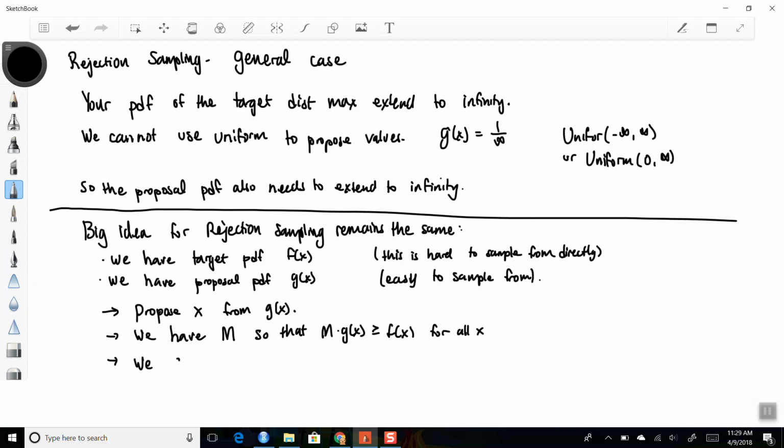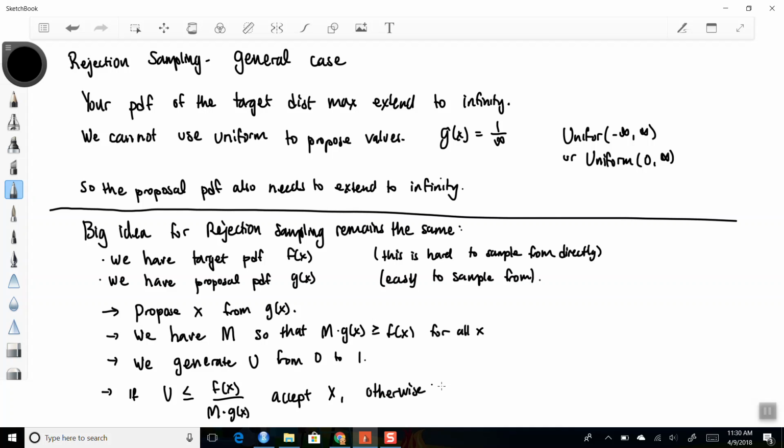And then we generate u from 0 to 1. And then if u is less than or equal to f of x divided by m times g of x, accept x, otherwise reject it.